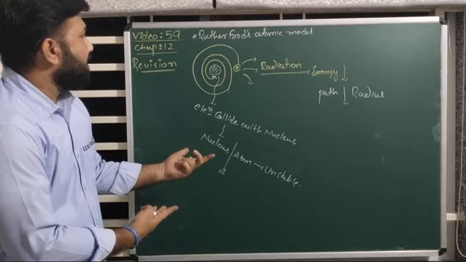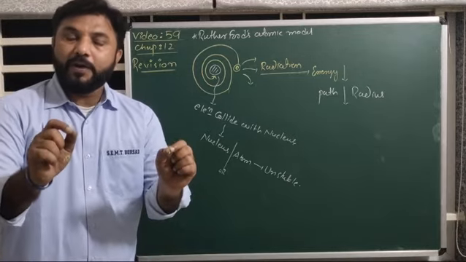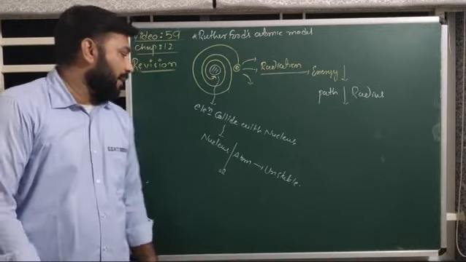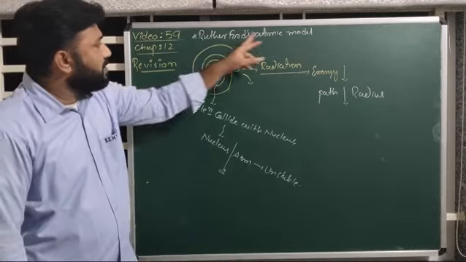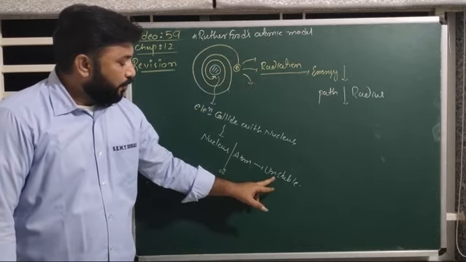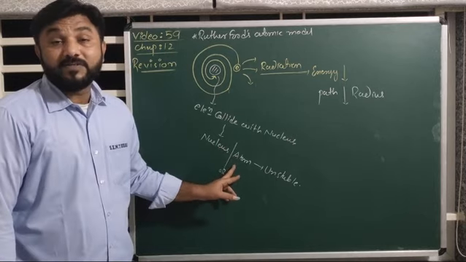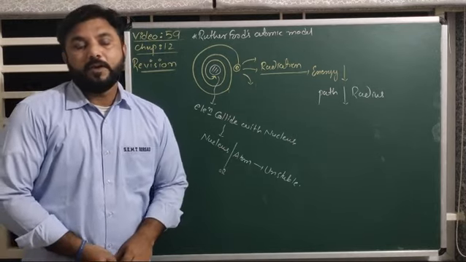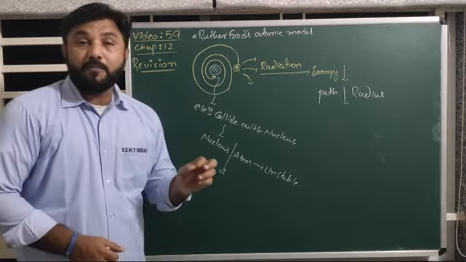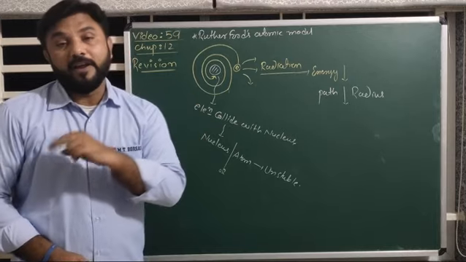And if it is asked what is the failure of Rutherford's atomic model, at that time you have to explain only this. You have to write in one sentence that Rutherford's atomic model failed to explain the stability of the nucleus as well as the atom. So this is about Rutherford's atomic model, its conclusion and its failure.